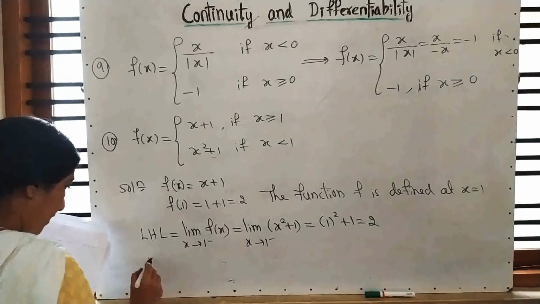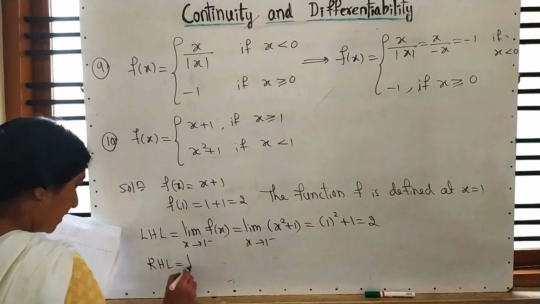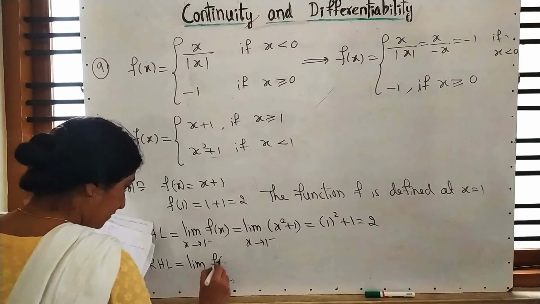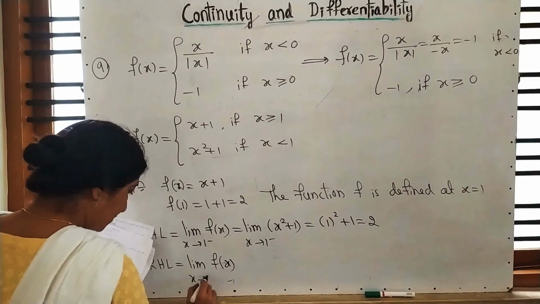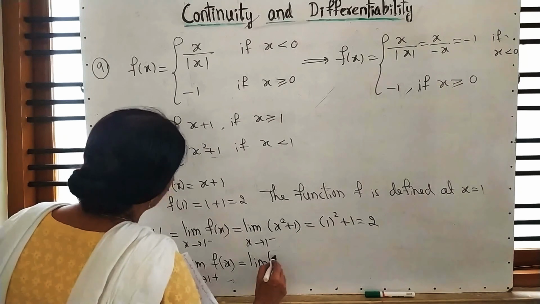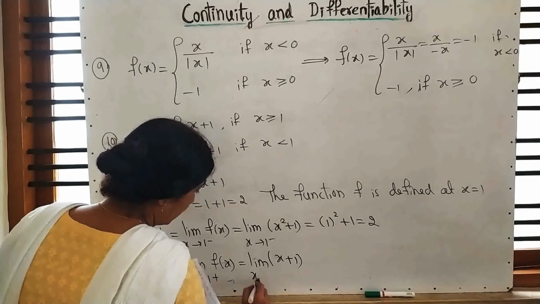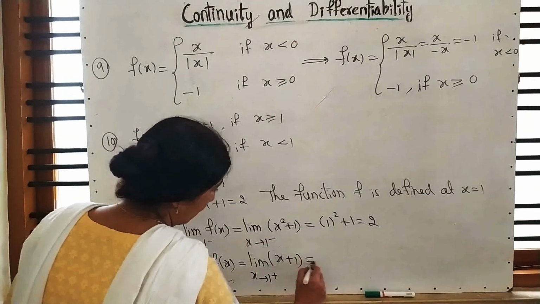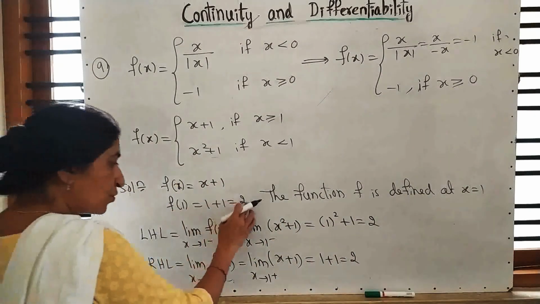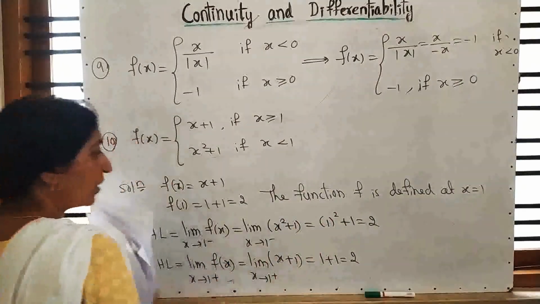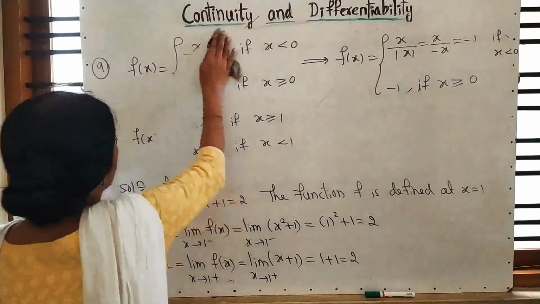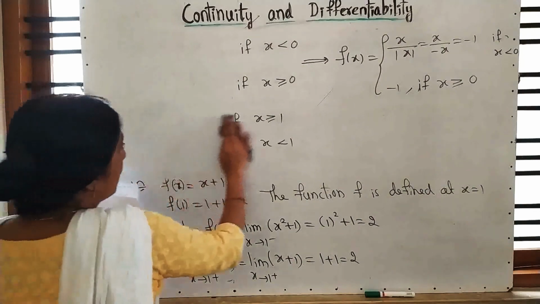And right hand limit. In the first expression, it is greater than or equal. The function will be taken as x plus 1, as x tends to 1 plus, right side. 1 plus 1 is 2. See, f of 1 is 2, left hand limit is also 2, right hand limit is also 2. That means what is your answer? The function is continuous at x is equal to 1.